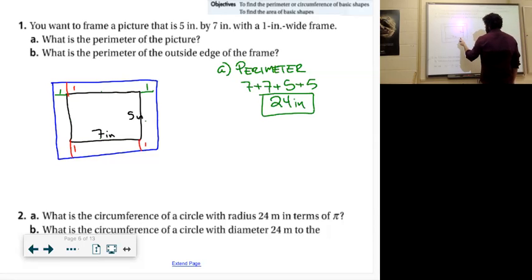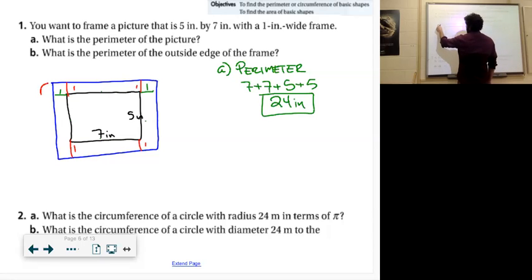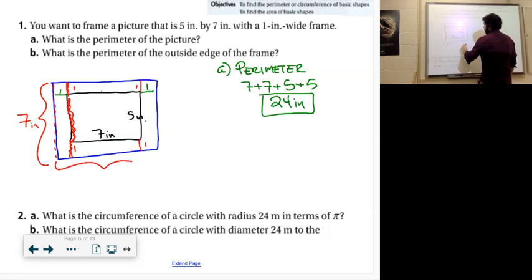Either way I look at it, first I have this 5 inch section of the picture, and then I have the 1 inch section on either side. So that would make a total of 7 inches for the height of this picture frame right here. And then for the base of the picture frame, same concept.